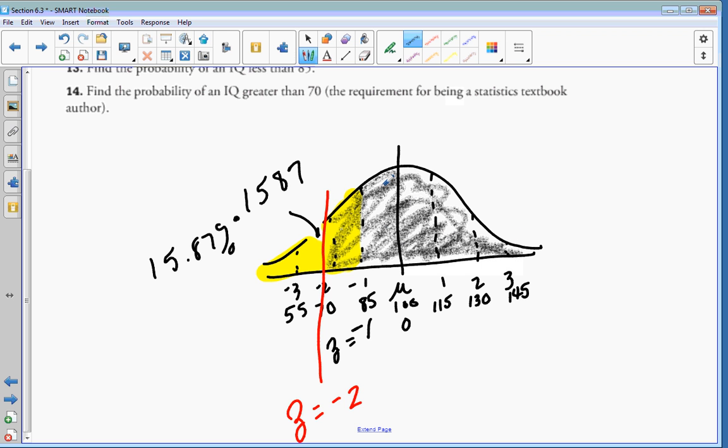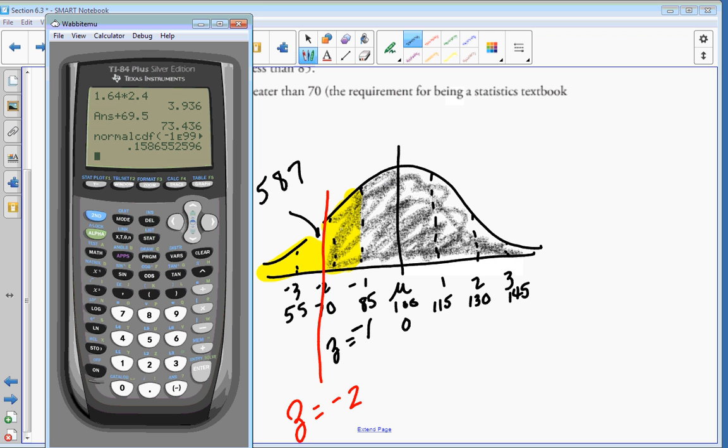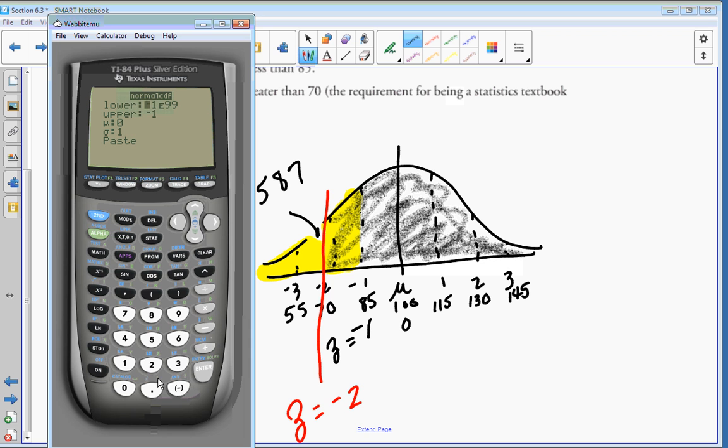So when we go to our calculator, again, we have Z. So we're going to find the area by going to the distribution, going to the normal curve. My lower level here now is -2, and I want to go all the way to the end. So -2, and I'm going to put 9999999, and go ahead and hit enter.